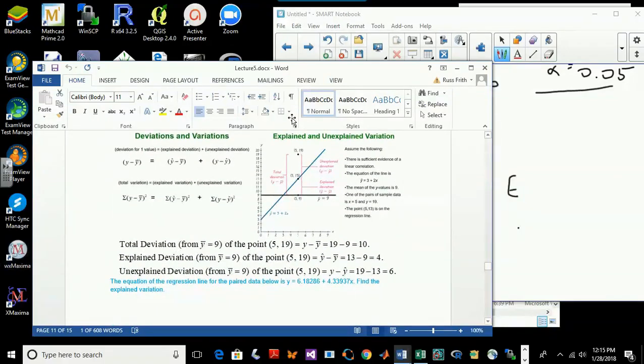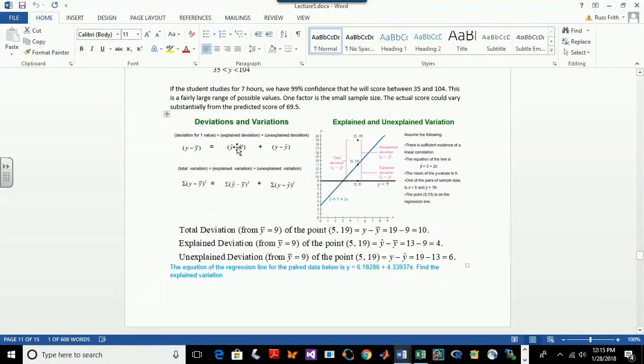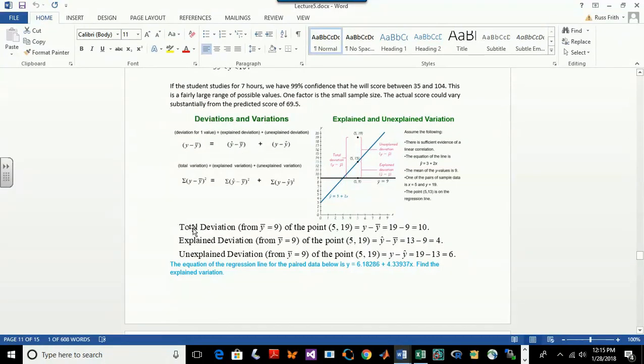All right. Now we talk about properties of predicted values. We have things that are called total deviation, explained deviation, and unexplained deviation. Given in this graph are properties of regression equations and predictions, and we have these definitions.